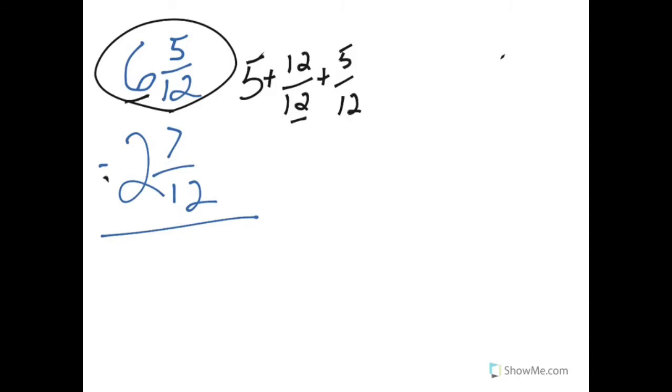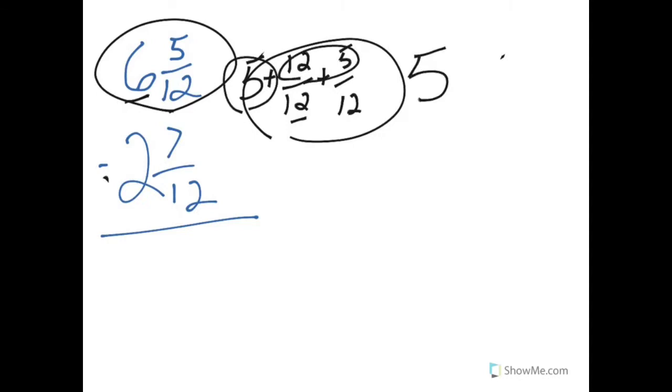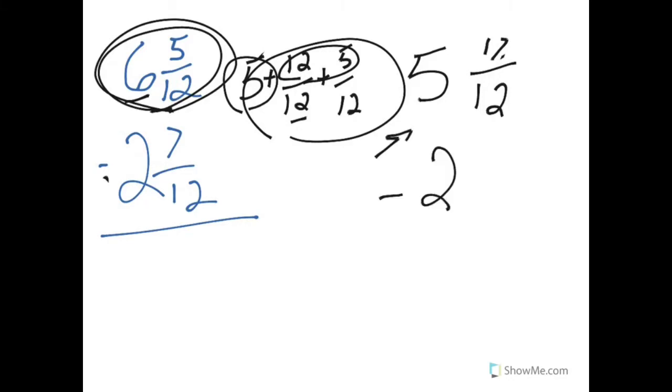Then we can make this whole thing even easier. 5 is our whole number. It stays the same. 12 plus 5 is 17. Denominator stays the same. So now I have 6 and 5/12 rewritten as 5 and 17/12 minus 2 and 7/12.